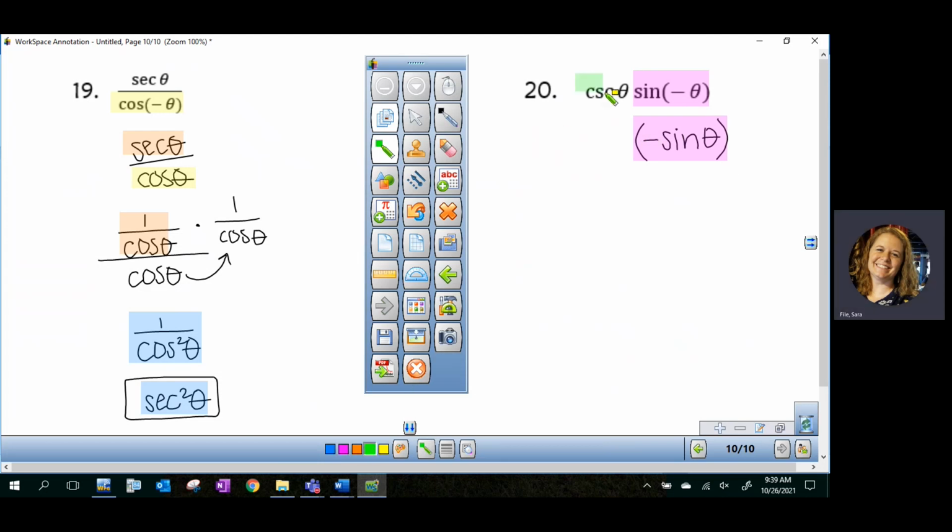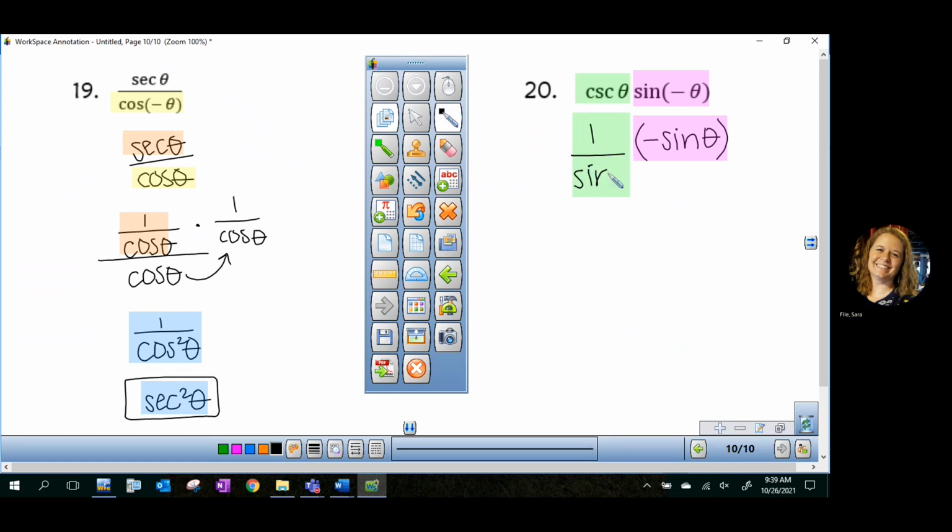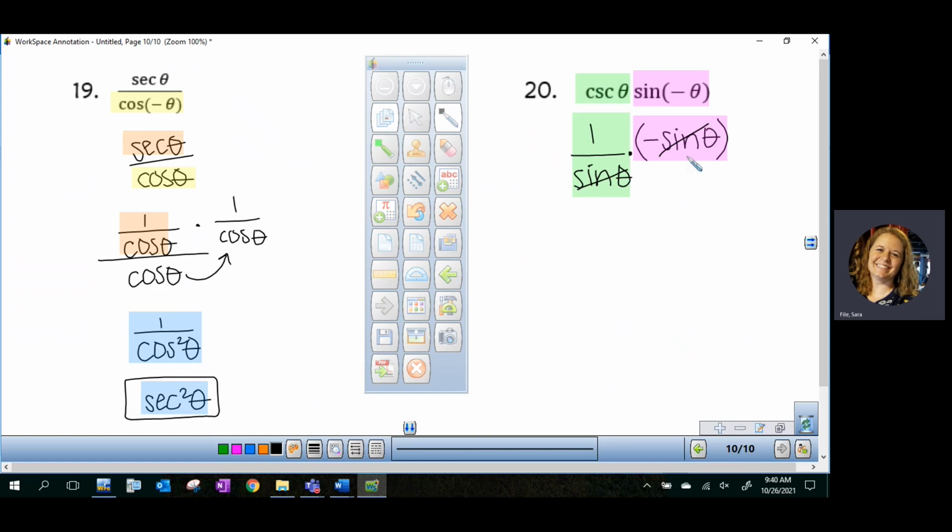And then I can rewrite cosecant as 1 over sine. Now the sine of theta is still going to reduce. It's still going to cancel out in the numerator and in the denominator. But instead of a 1, what do I have? A negative 1. Good.